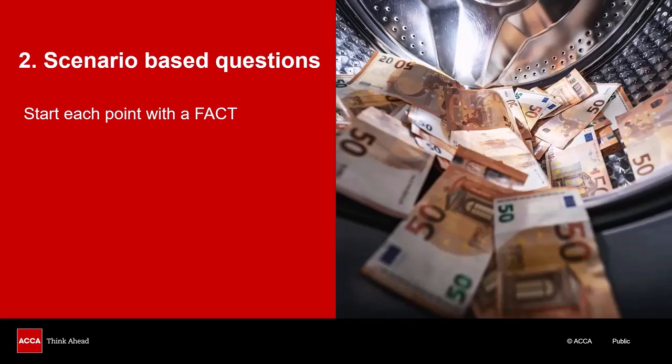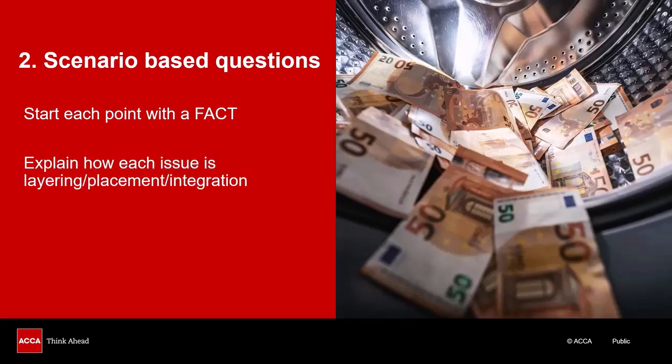And a really good way of doing that is to try to start each point with a fact from the scenario. And then I take that fact, as for example, international transactions have been taking place, and I explain how it is either layering or placement or integration. I will use the word layering, but I don't stop there, right? I don't just say this is layering.